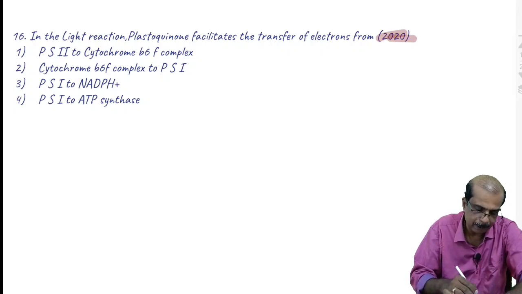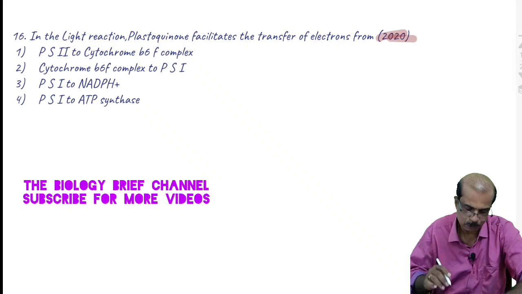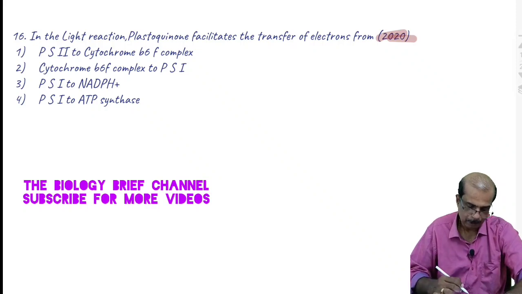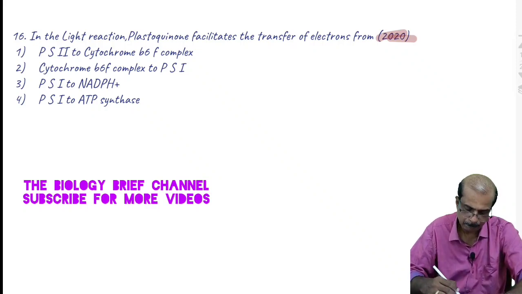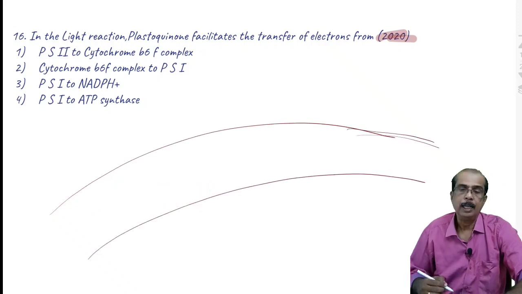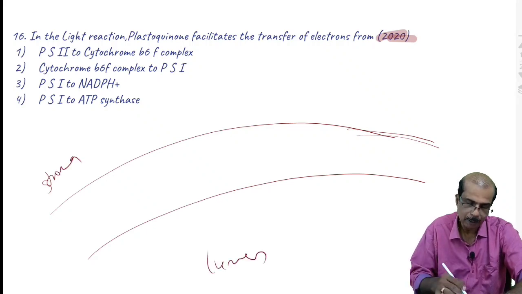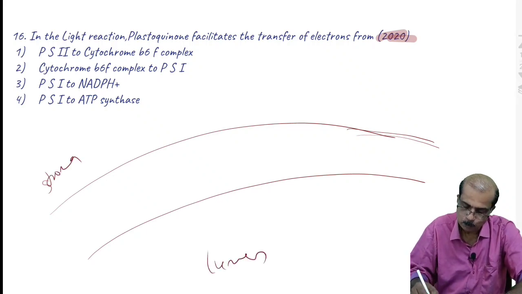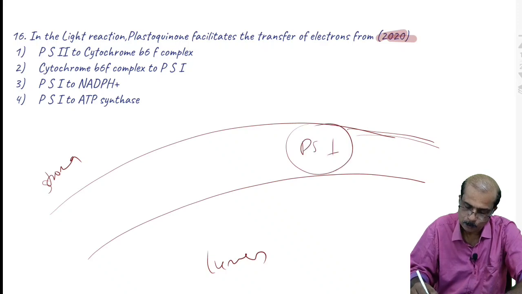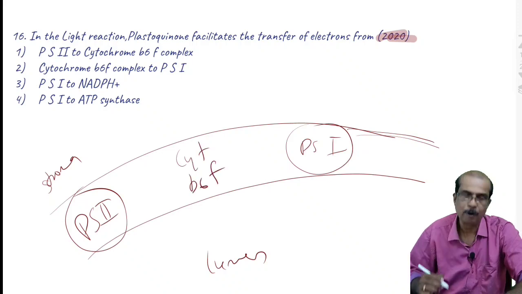In the light reaction, plastoquinone facilitates the transfer of electrons from? Here we have to remember the picture. The thylakoid membrane is there, this is the stroma side, this is the lumen. Here PS1, PS2, and the cytochrome B6F complex.